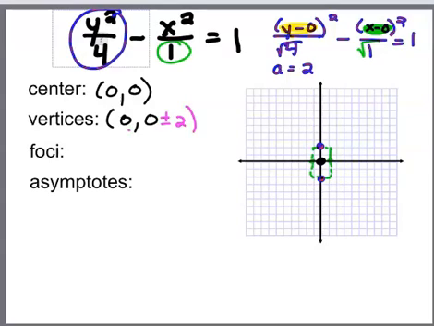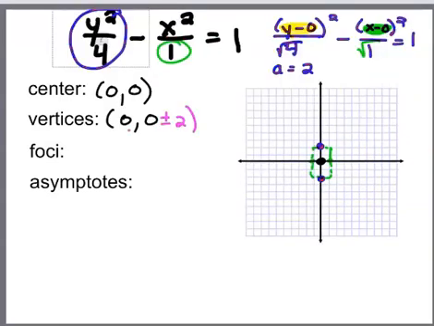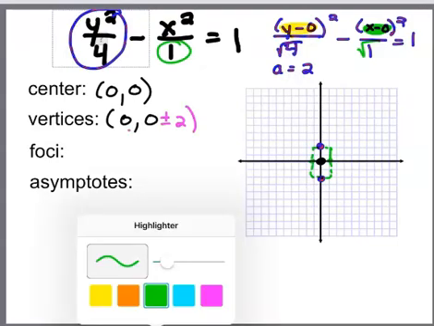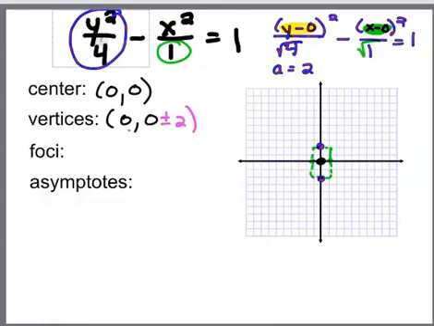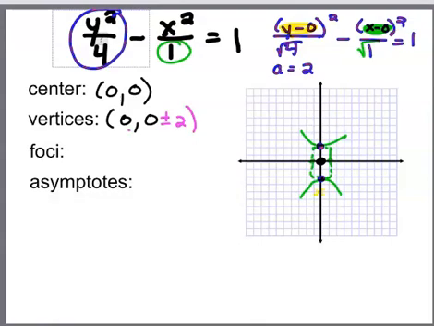The foci, because the vertices are here, if I were just going to sketch this graph, this is what my graph is going to look like, which means my foci have to be inside the curves.